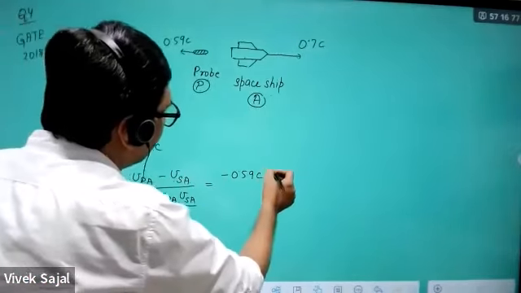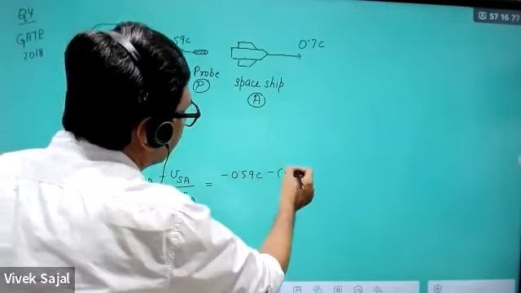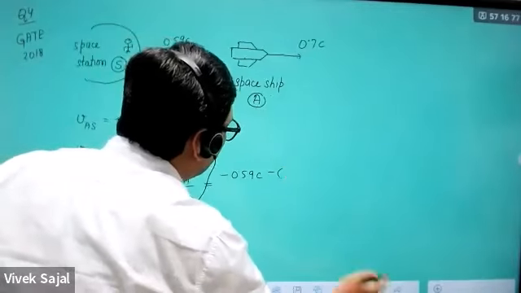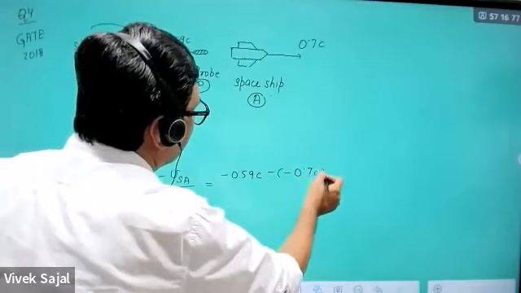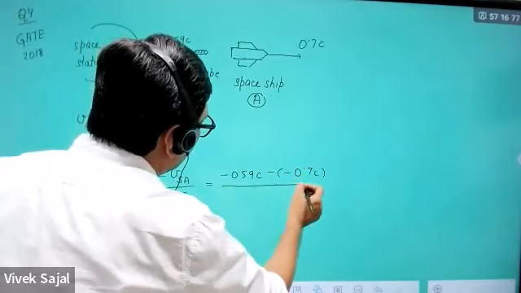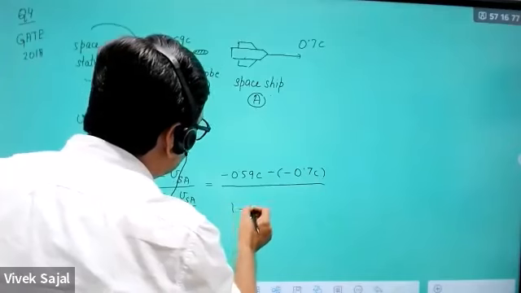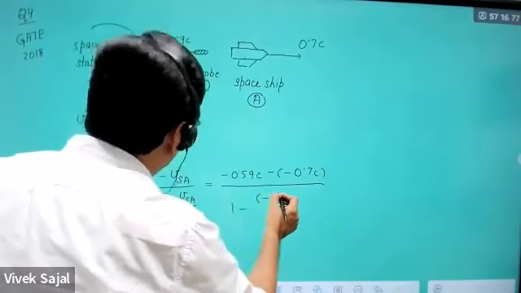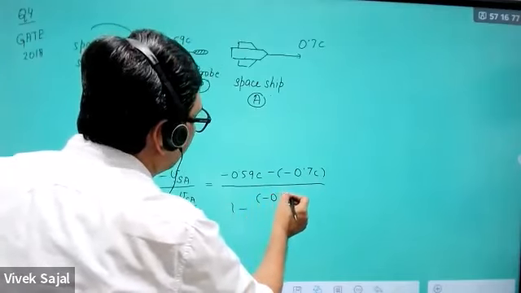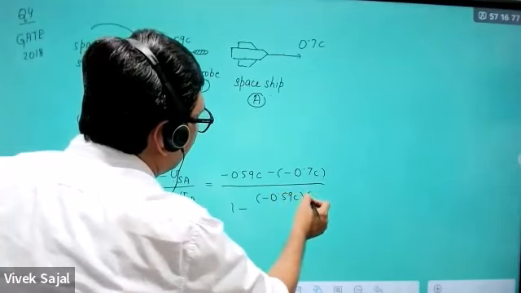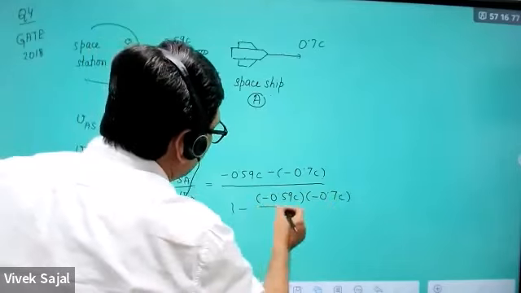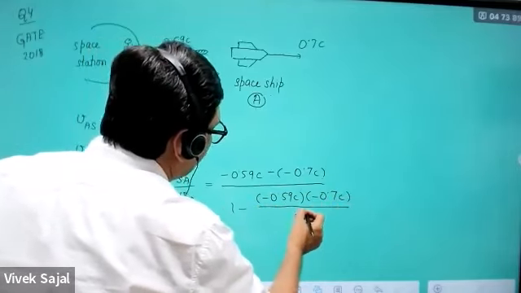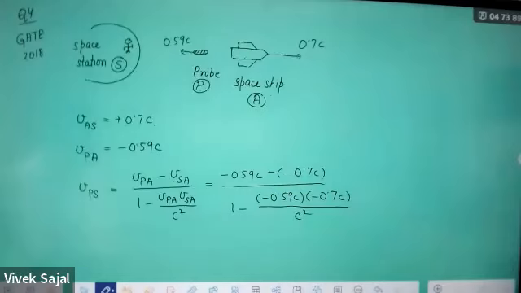So this will be minus 0.59 c minus 0.7 c here, divided by 1 minus 0.59 c times 0.7 c divided by c square. Find out this value. This will be VPS. Please find out this one.